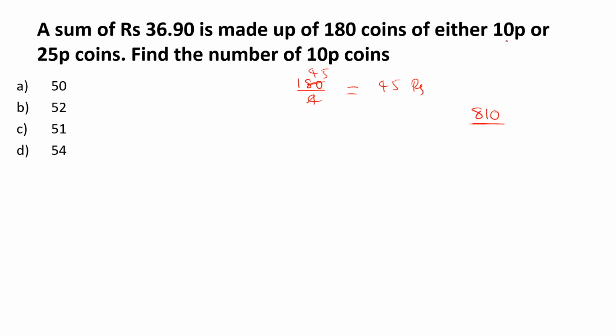The difference is coming from the difference between what we assumed and the actual coins. We assumed all are 25 paisa coins, but there are some 10 paisa coins. The difference between 25 paisa and 10 paisa is nothing but 15 paisa. Dividing 810 by 15 gives us 54. Then the number of 10 paisa coins is 54.